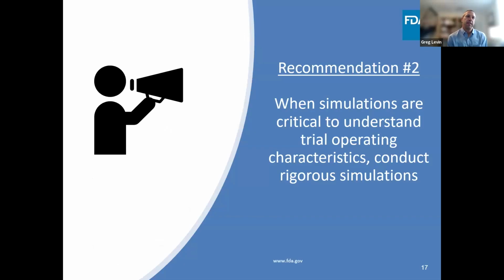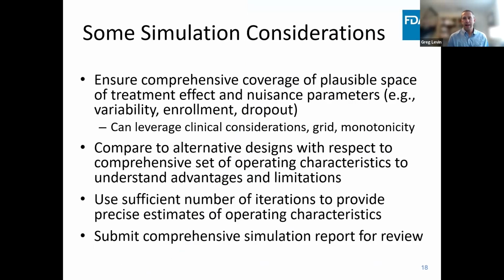Second recommendation is in the simulation space. When simulations are critical to understand trial operating characteristics, the simulations that are conducted need to be rigorous. It's not that uncommon that we'll see a simulation report that talks through a simulation that either has a very limited coverage of the parameter space, or has a wholly inadequate number of simulated trials to have sufficient precision, or has some other major deficiency.